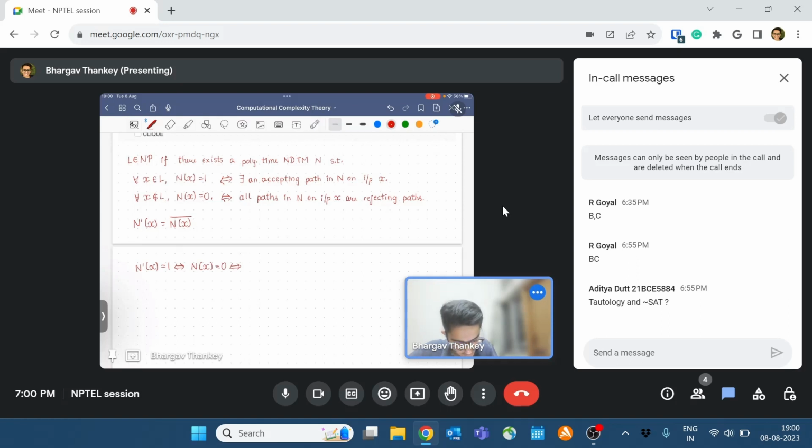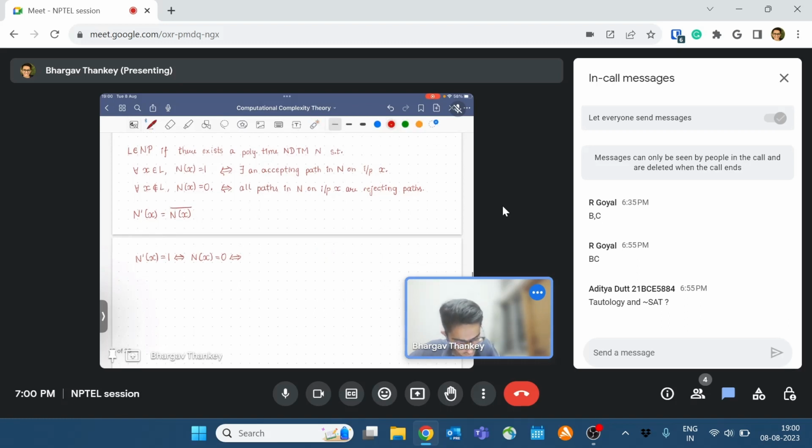So if and only if all paths in N on input x are rejecting paths.